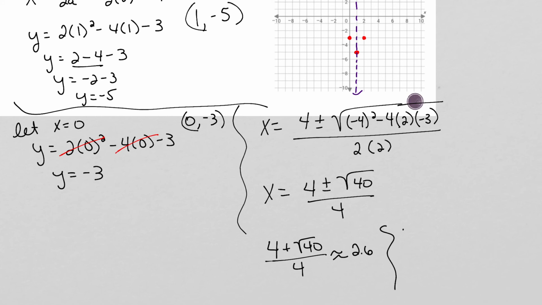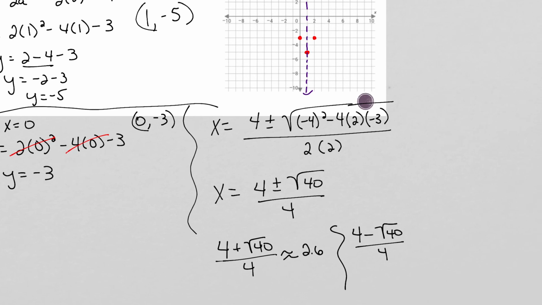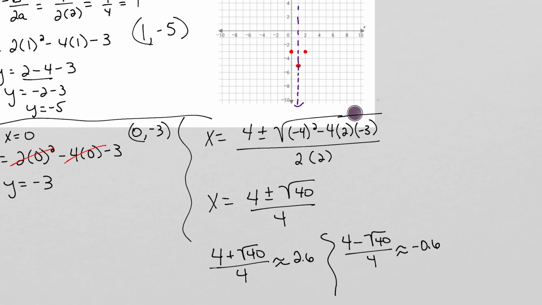The other one will be 4 minus the square root of 40 over 4. So let's see here. And that gives us approximately -0.6. Okay, so that means that we have x-intercepts at positive 2.6 and negative 0.6.